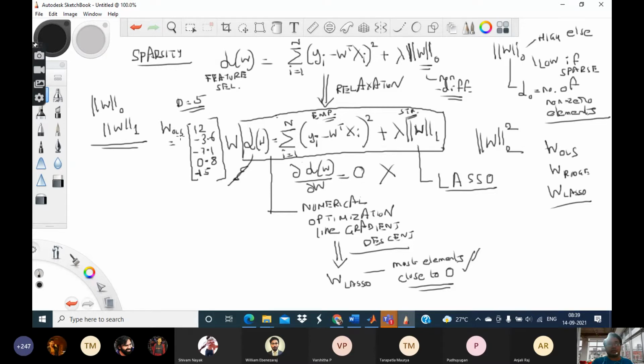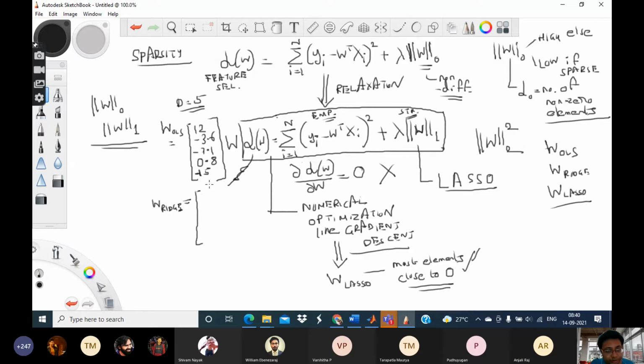Suppose this is your WOLS. This is unconstrained, and let us say this gives you the least possible error. Now comes W ridge. In case of W ridge, it may look somewhat like this. I am not saying this with respect to any particular data set, just giving some possible values.